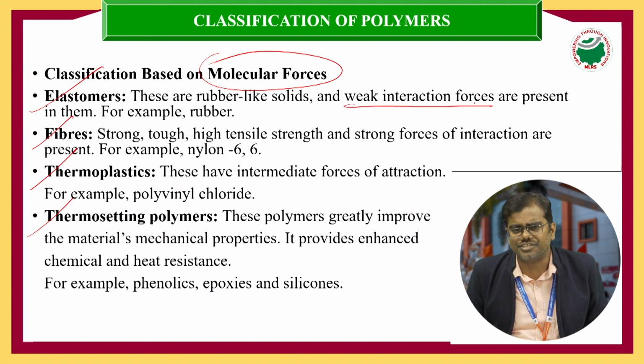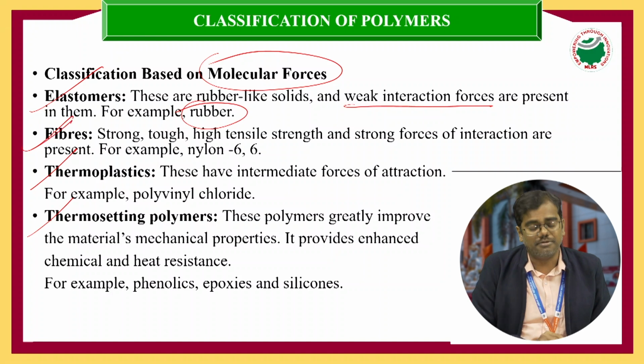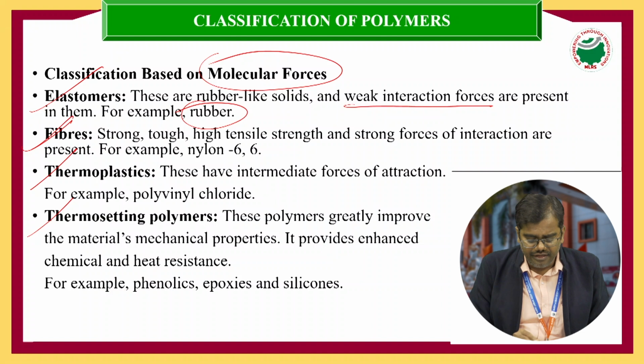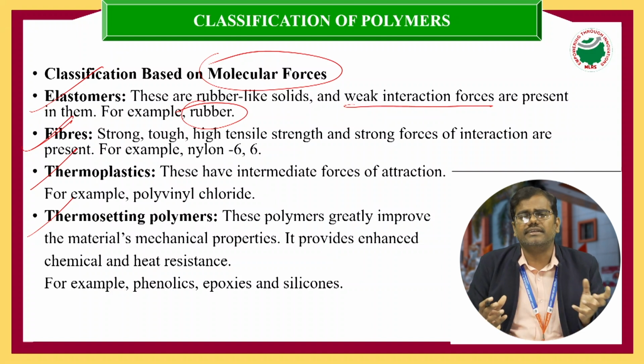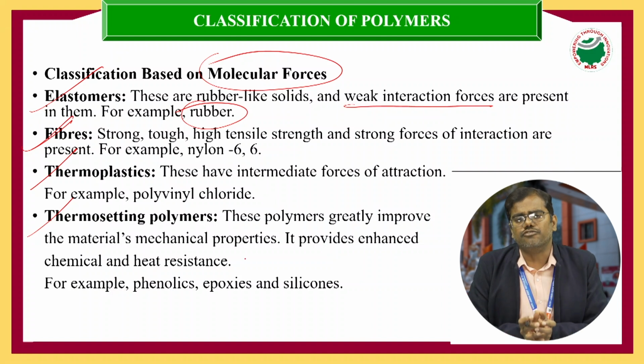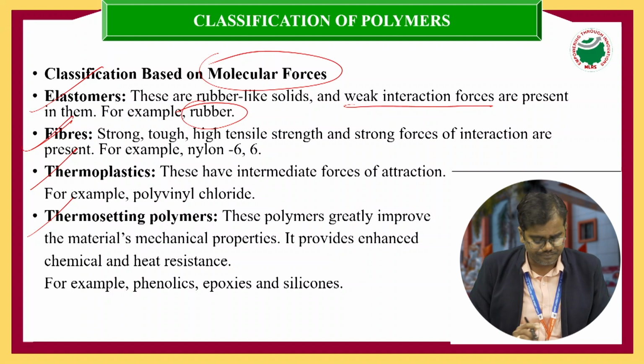Weak van der Waals forces are present between the molecular chains. For example, rubbers. Next one is fibers. These fibers are very strong, very tough and very rigid, and they have high tensile strength and strong attraction forces. Strong attraction forces are present between the two molecular chains.